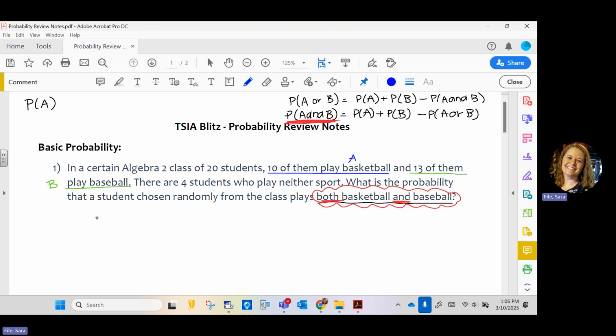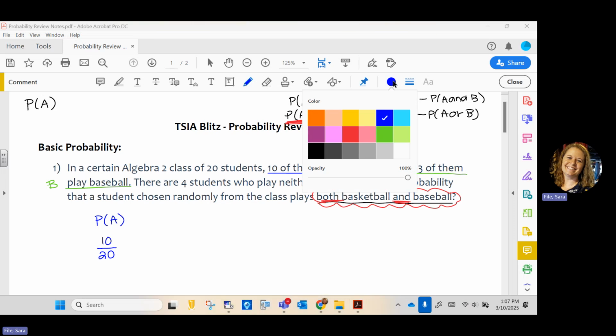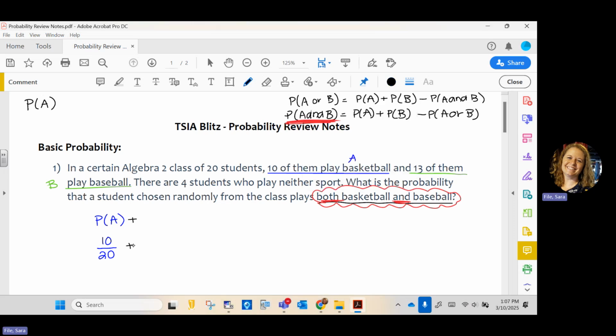So the probability that they play basketball is 10 out of how many are in the class? 10 out of 20. Then the probability that they play baseball is 13 of them out of the 20.